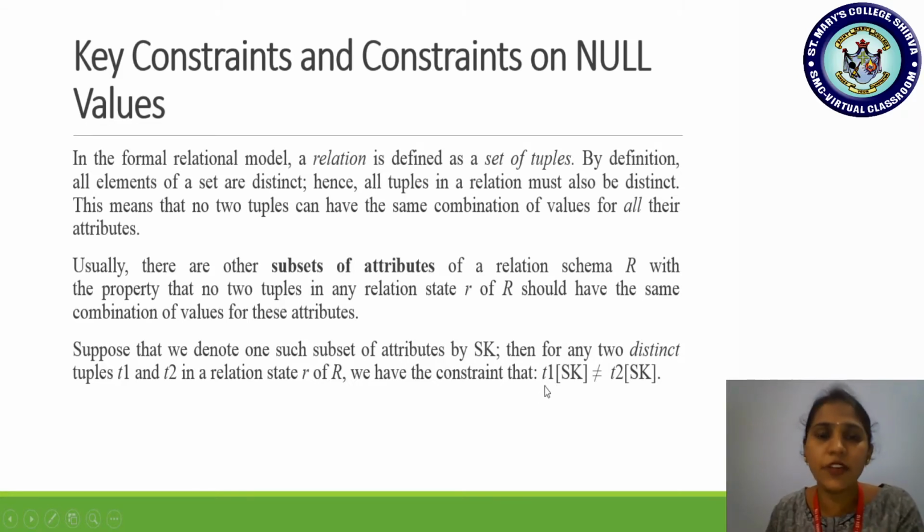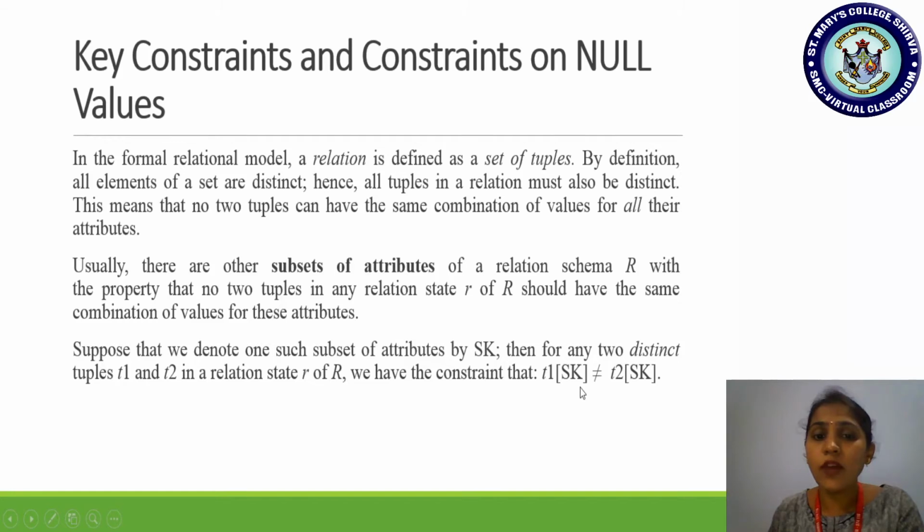Tuple 2, T2, is your friend's information. There are 7 attributes, remember that: SSN or roll number, name, class, major, contact, like this.